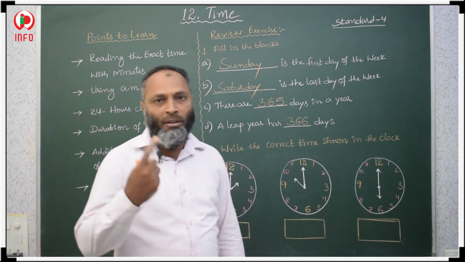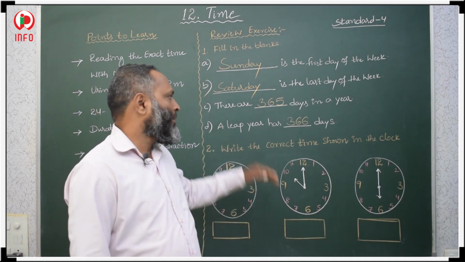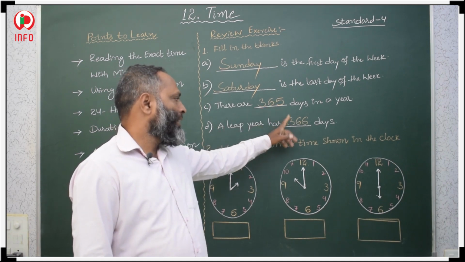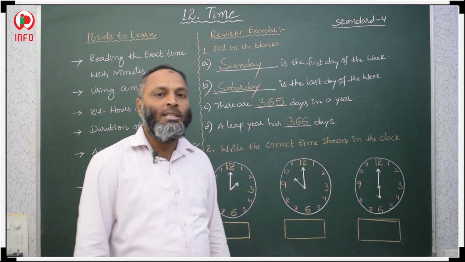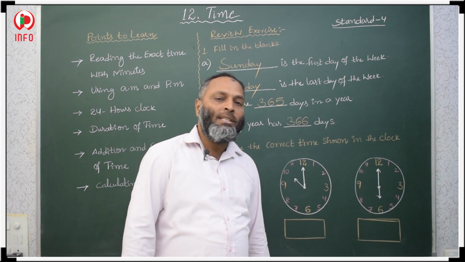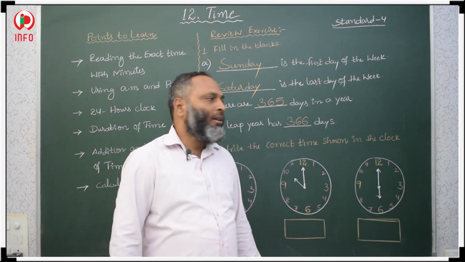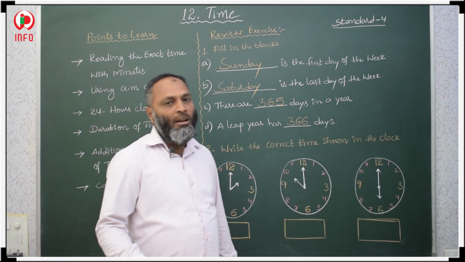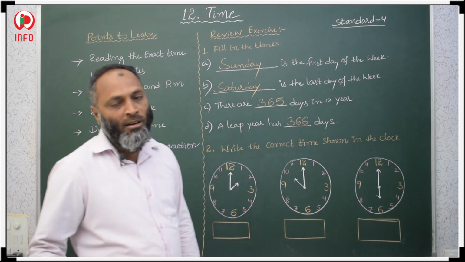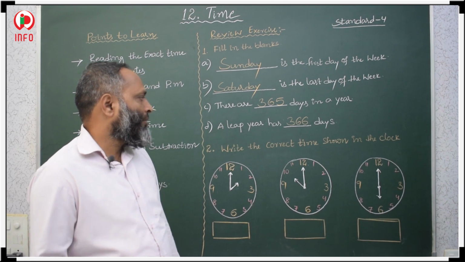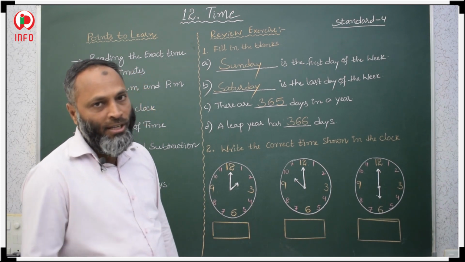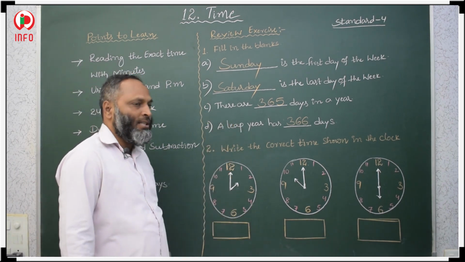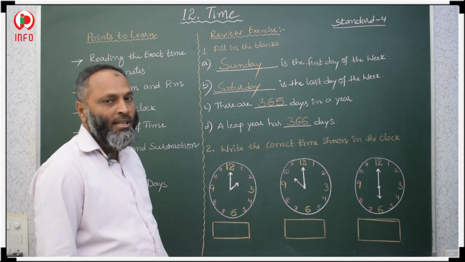So in a common year we have 365 days, and in a leap year we have 366 days. The leap year comes every 4th year, and in a leap year we have one extra day.